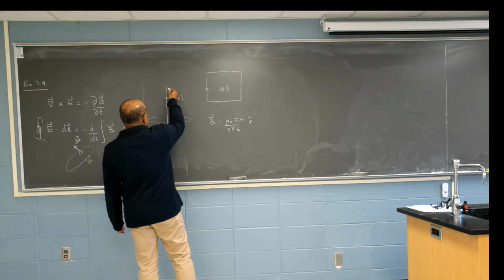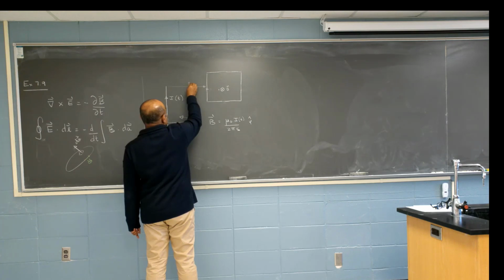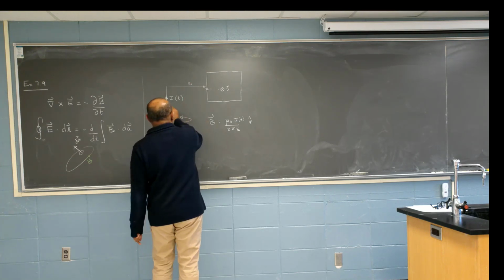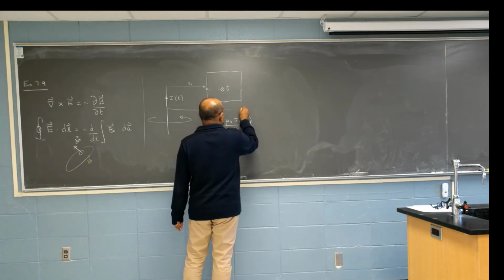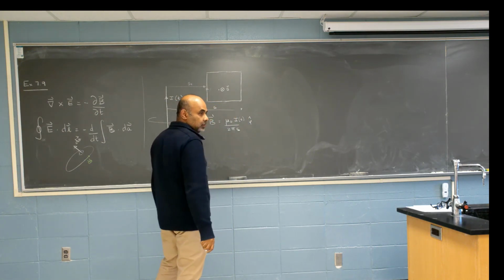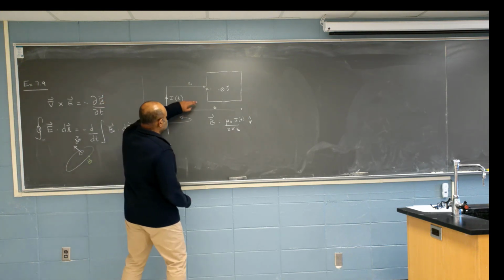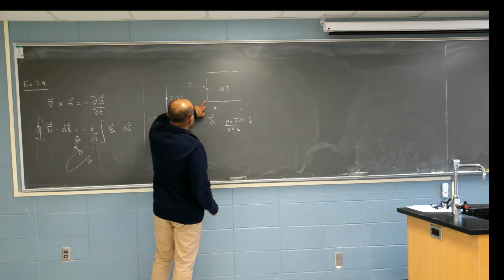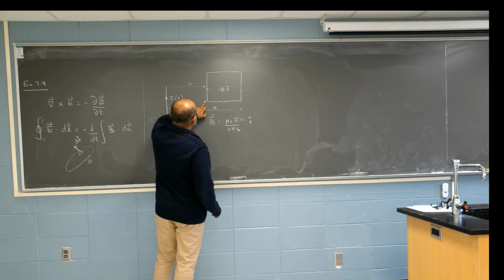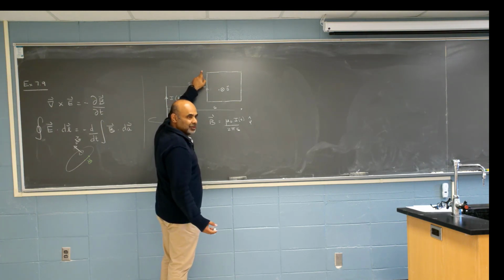I'll call, for lack of a better distance notation, I'll call this S0, Griffiths does, and this will be the point at distance S. So then let me write the integral. I expect E, the component of E in this direction, to be constant.